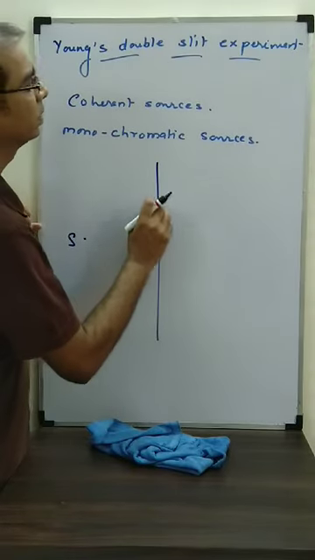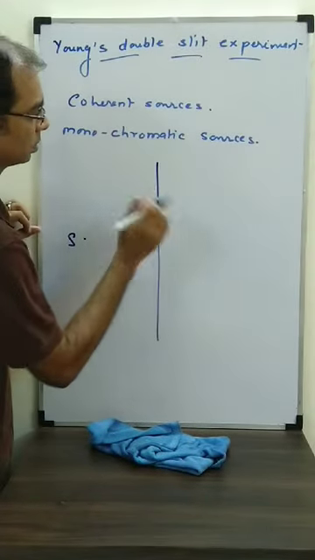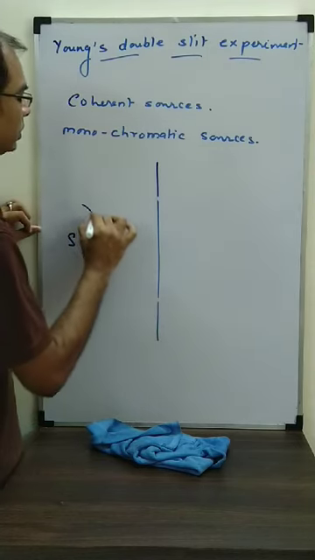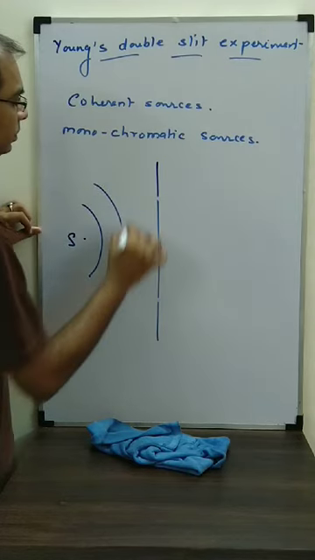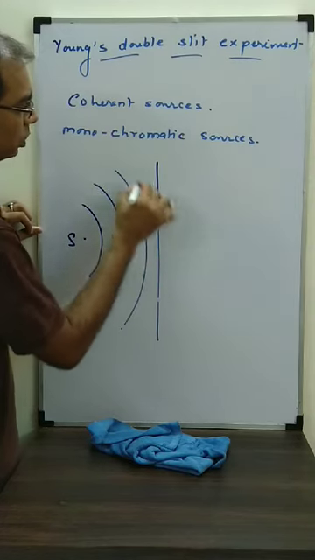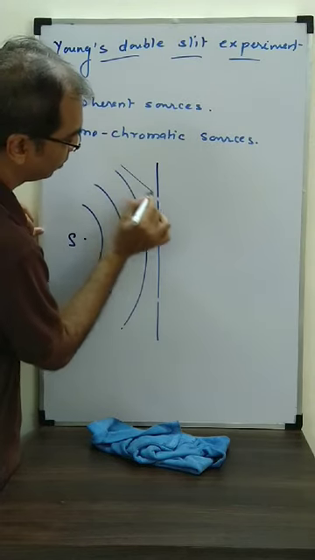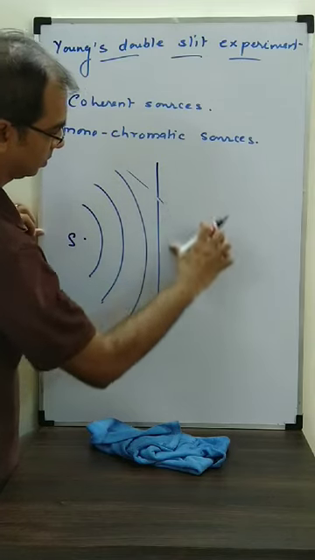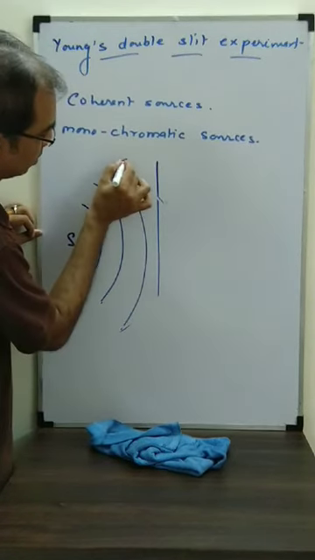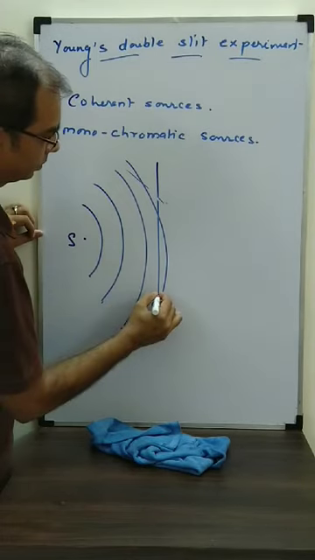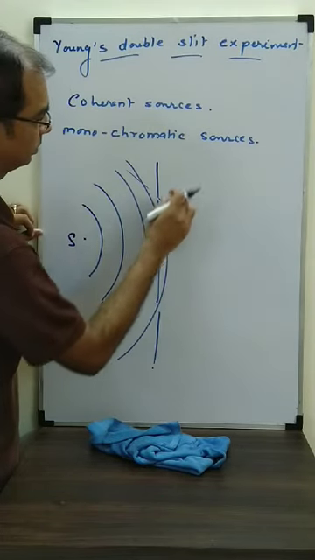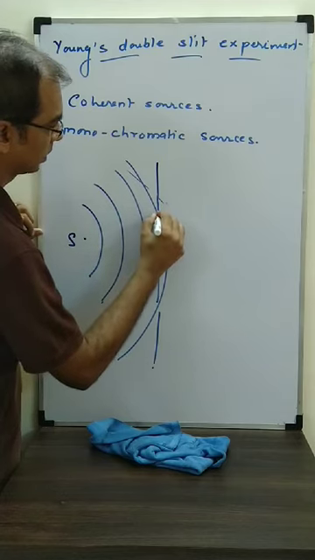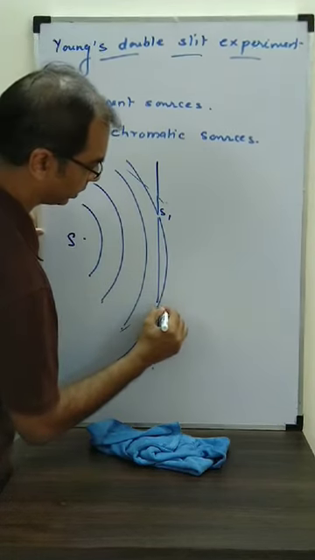Then you put a hole in this one, and from this source its wavefronts will be going like that. These two holes were made such that they were on the same wavefront, something like this. So this is one hole and the other is this hole.